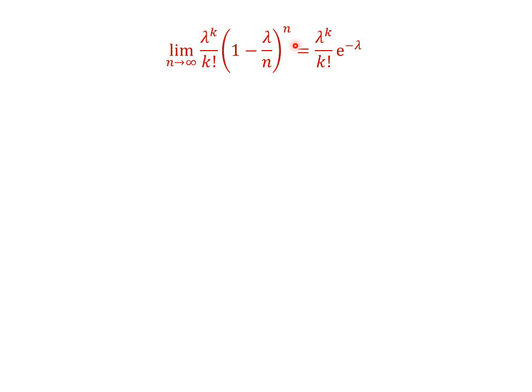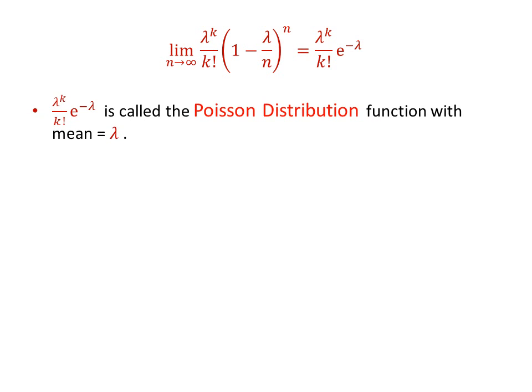And everyone should recognize that as n approaches infinity, this particular expression approaches Euler's number to the negative lambda power. Remember, Euler's number is 2.71828 approximately. And now we are done.